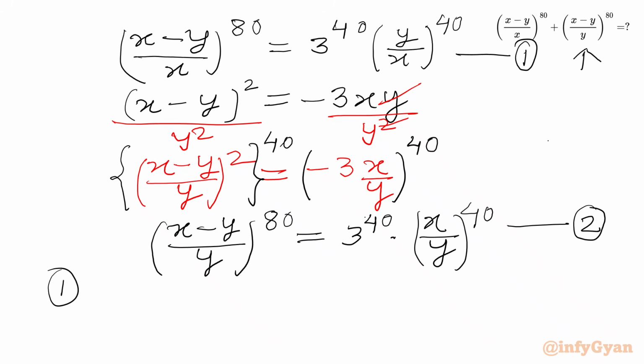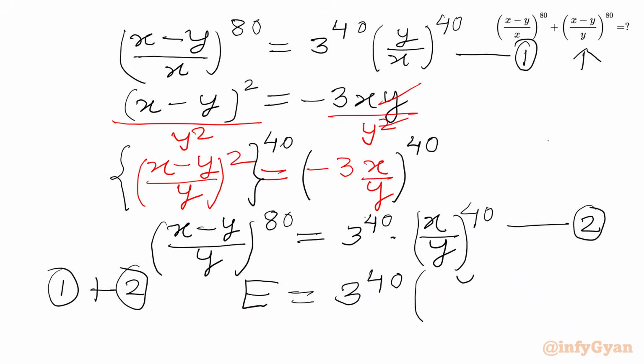Now we will add equation 1 and equation 2. So LHS will give us the required expression E, and in the right hand side we will take 3 power 40 common out. So in the bracket we can write (y over x) whole power 40 plus (x over y) whole power 40.